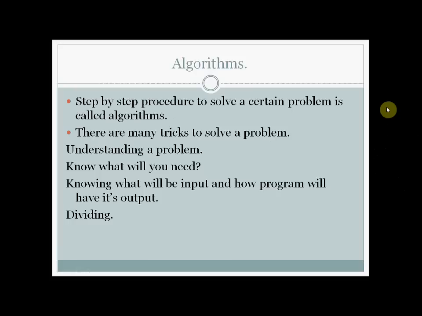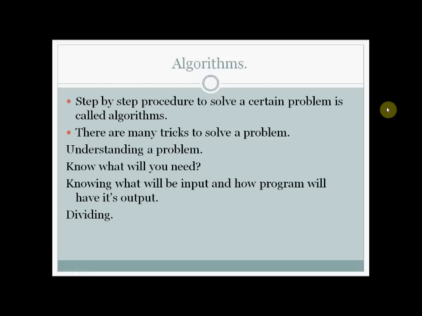What are the requirements when you will be solving the problem, and you should know what will be the input, and what is going to be the output, and how your output is going to be, because a programmer always knows how his output is going to be.